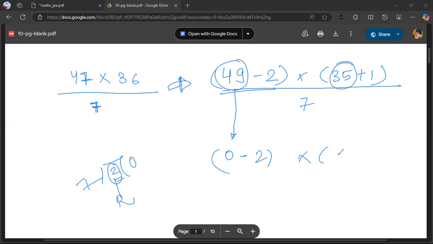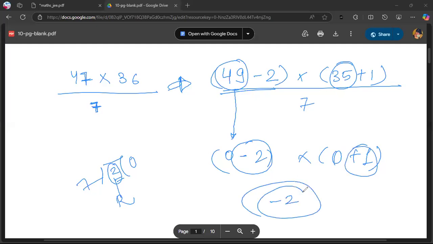The remainder will be 0. So now the remainder is minus 2 into plus 1, so our remainder will be minus 2. Can 2 be further divided by 7? No, it just comes in decimals again. So our remainder is minus 2 only.